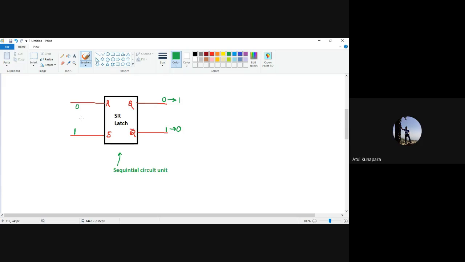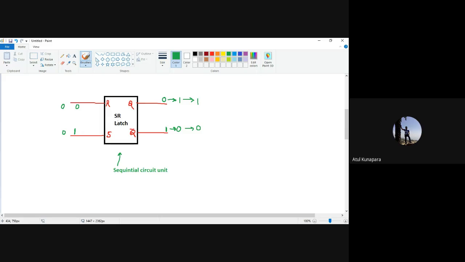Now, until you change your input, your output Q remains 1, even after you remove these inputs, right? That means even if I make both the inputs 0, 0 next, it's not going to make it set or reset. It will keep this 1 as it is, and it will keep this 0 as it is. Means there will not be any change in the output unless you give a change command on the input side.